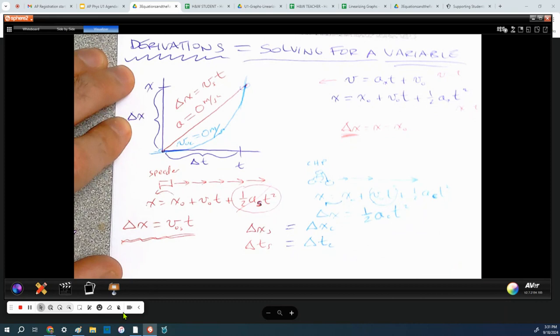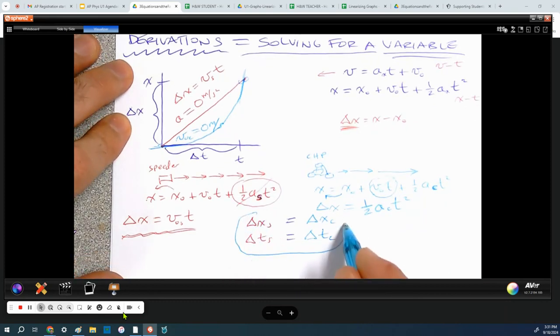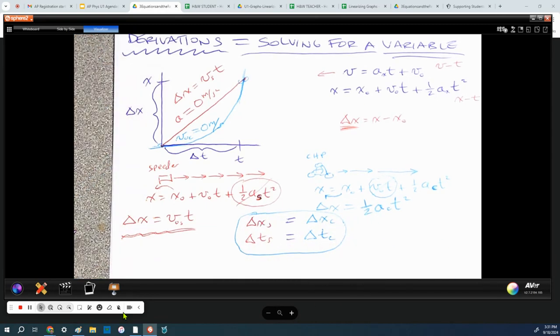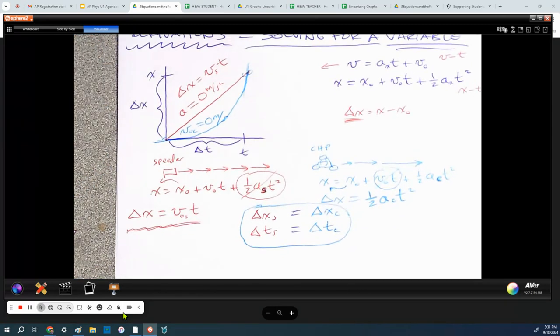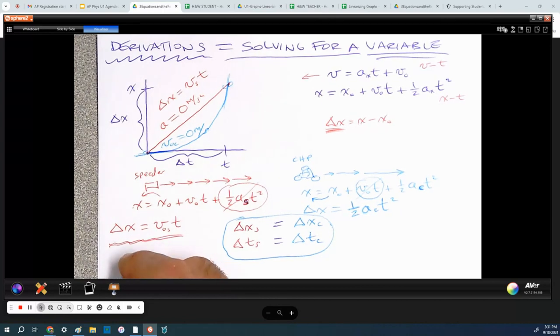And so now, if I look at this, I can solve for these pretty easily by setting one thing equal to the other. Okay, I'm going to do something different in this than I asked you. I'm not going to solve for t. I'm going to solve for x in this case. I'm going to say, what does delta x equal?